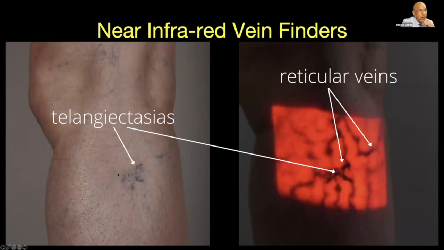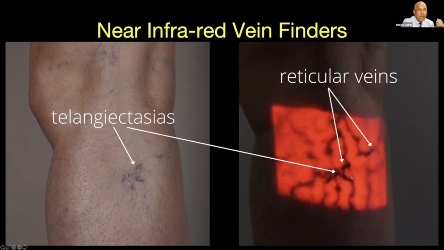This is a photograph without cross-polarization, and as you can see the reticular feeding veins. And this is real time, so you can apply pressure, you can milk the blood out of these vessels, you can release, and you can see which direction the blood flows. So you can check for valvular incompetence in reticular veins, which I have to say I find very difficult to do with color duplex.